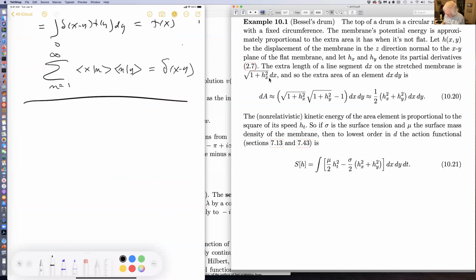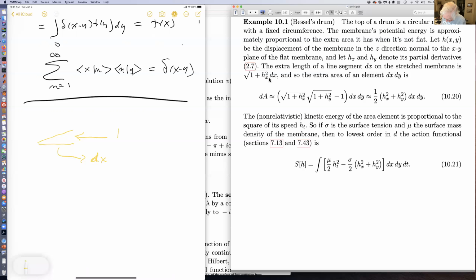So let's try yellow for a change. So what we've got here is there's an extra length. In other words, the thing looks like this rather than like that. And so what's the difference? Well, this distance is dx.